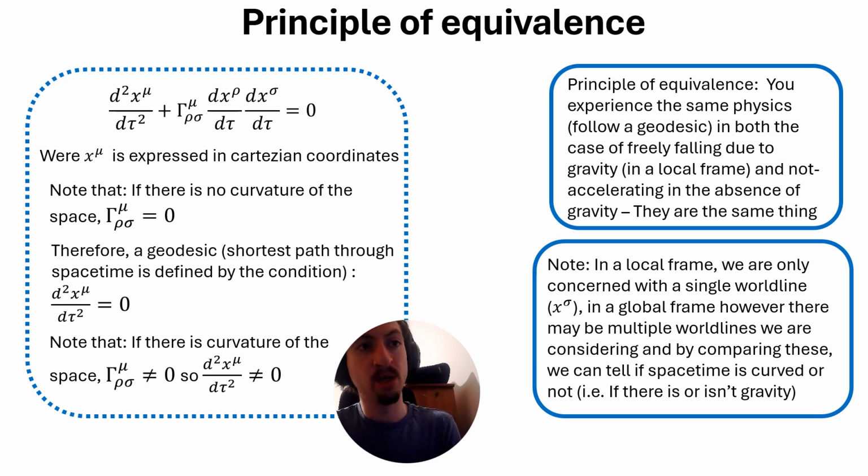And again, the principle of equivalence is about the equivalence in a local frame. It doesn't apply in a global frame. So, the curvature of space-time is noticeable and is distinguishable from flat space-time across a sufficiently large distance across our manifold.